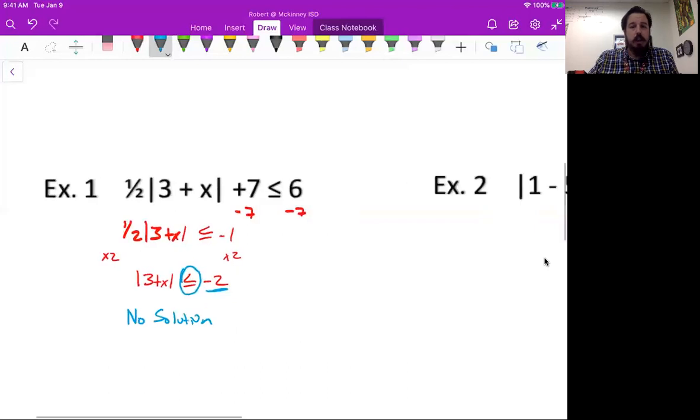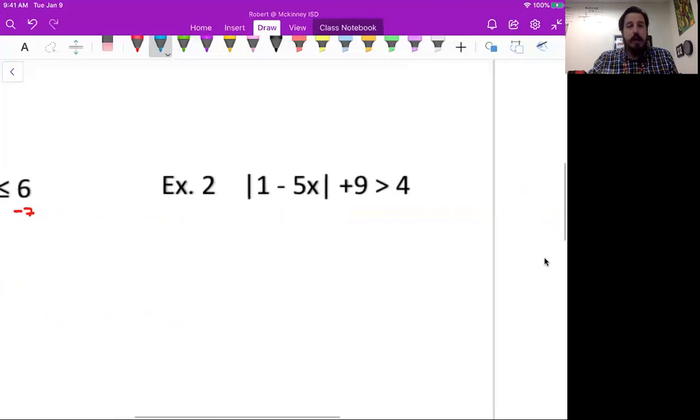Okay, looking at example 2, where we have the absolute value of 1 minus 5x plus 9 is greater than 4. Isolating first, so I have the absolute value of 1 minus 5x is greater than -5.